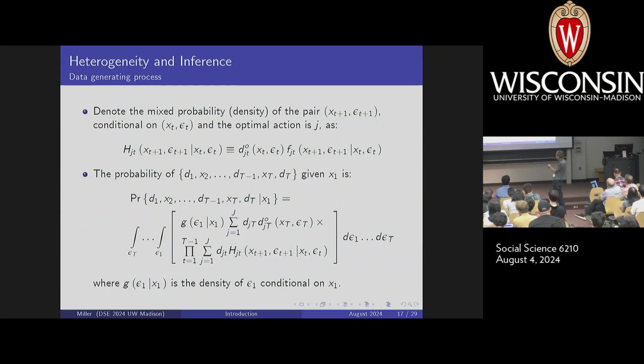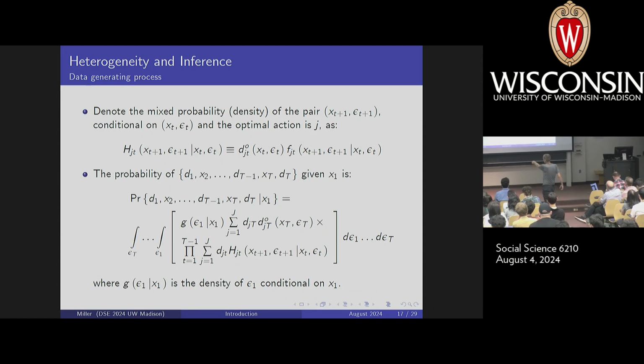So we could talk about the marginal or mixed probability density of going from one z, observed and unobserved, to the next z, observed and unobserved. Okay? So we're here.